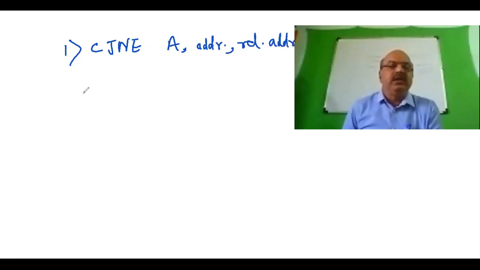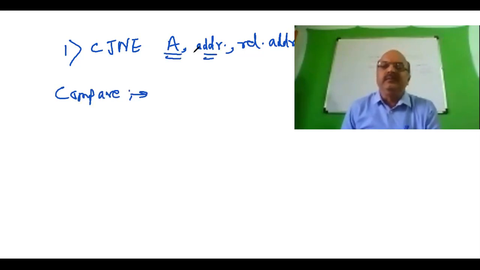Now C means compare. What do we compare? The data of the accumulator and the data of this given address. Of course, this given address must be a valid RAM address.